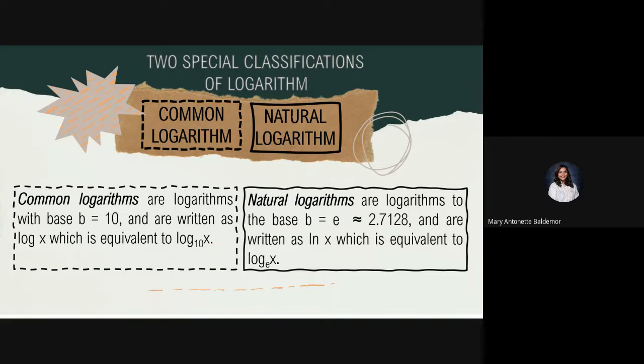And then when we talk about natural logarithm, these are logarithms to the base e, where e here is not a variable. Okay, so this is not a variable. It has a value which is approximately 2.7128. And it is written as ln x, which is equivalent to the logarithm of x with base e.